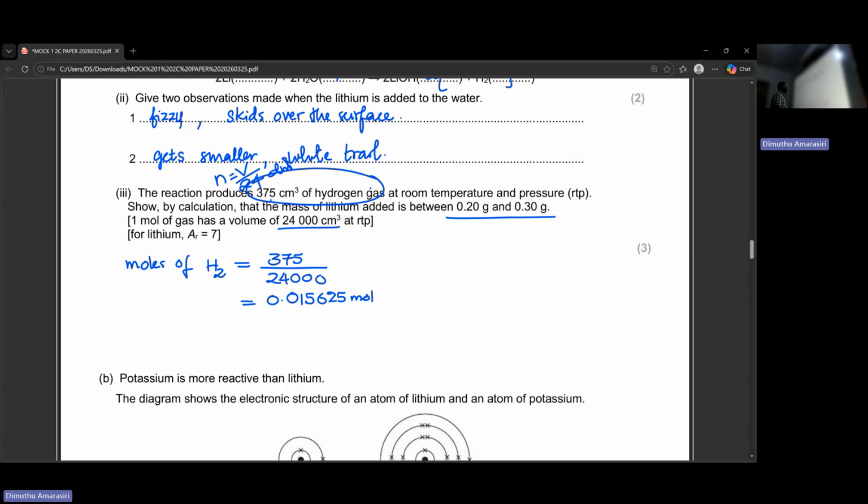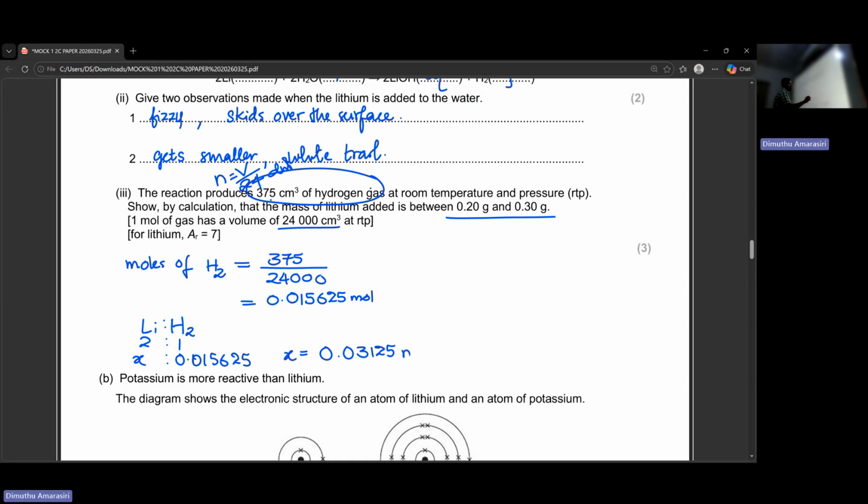So then you need to find lithium. You have to apply lithium to hydrogen stoichiometry. Was it 2:1? It was given at the top. Right? 2:1. Hydrogen got 0.015625, so the moles of lithium will be double of this: 0.03125.